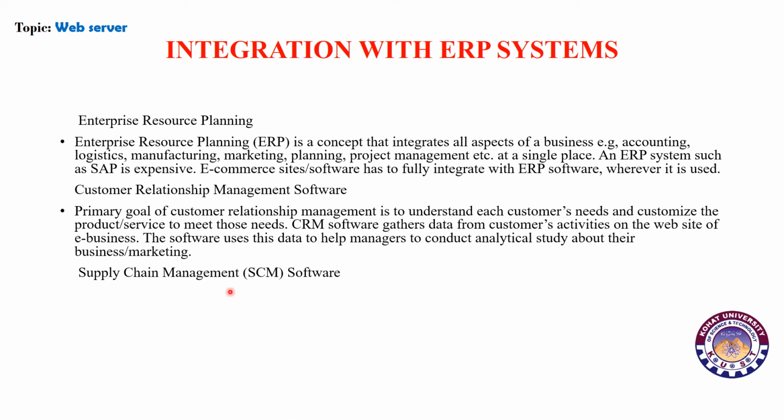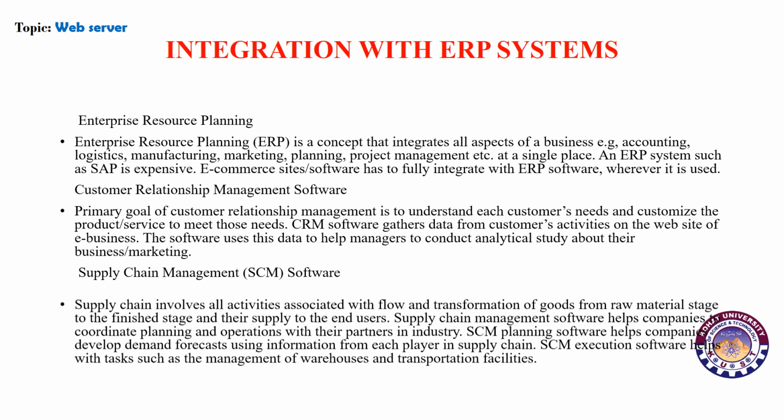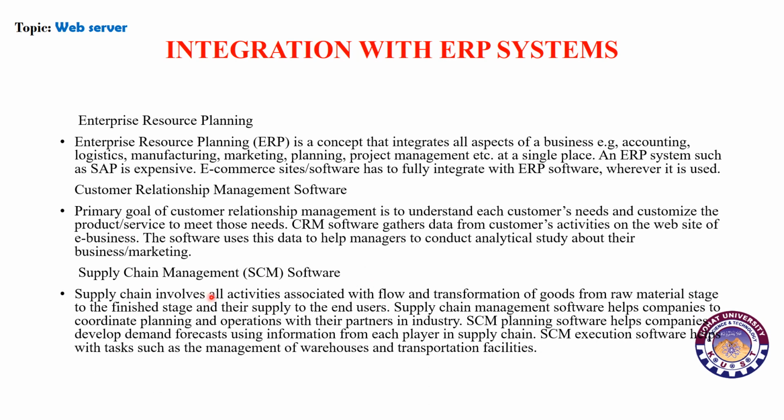Supply chain management, or SCM software. Supply chain involves all the activities associated with the flow and transformation of goods from the raw material stage to their finished stage and their supply to the end user. Supply chain management software helps companies to coordinate planning and operation with their partners in industry. SCM planning software helps the companies to develop demand forecasts using information from each player in the supply chain.